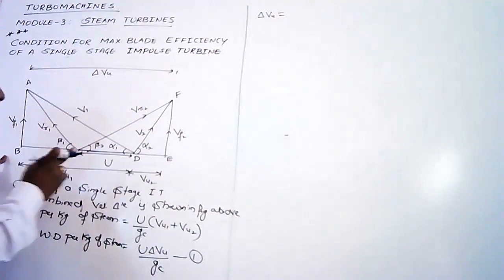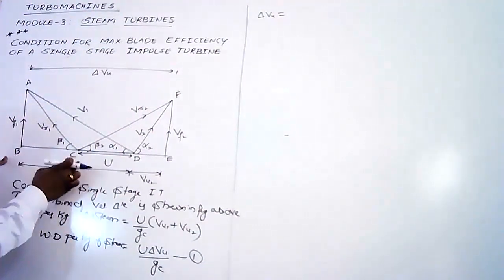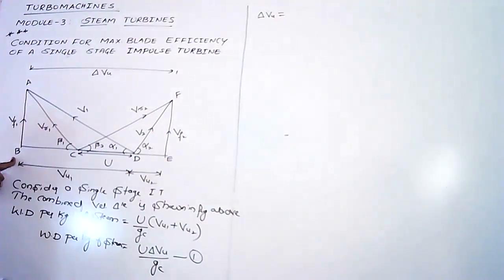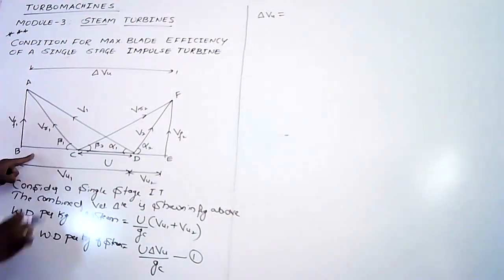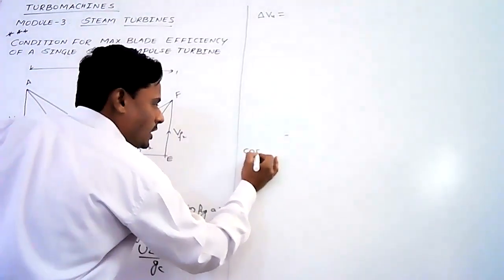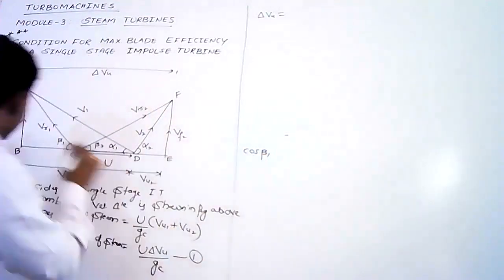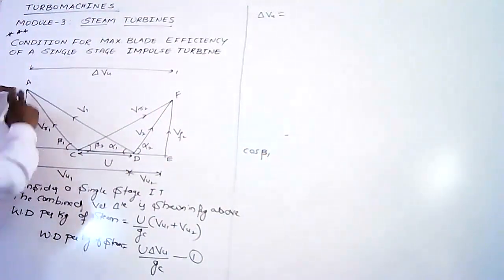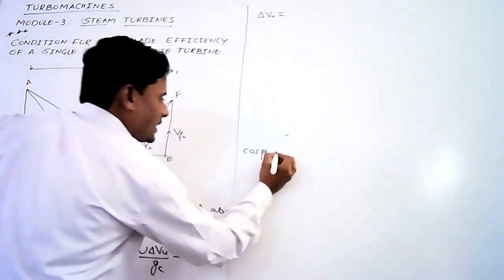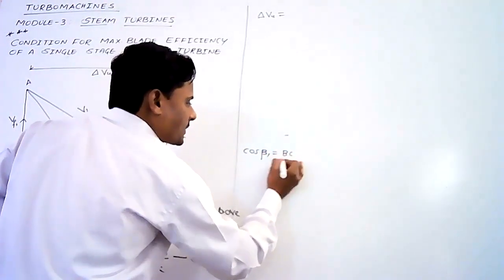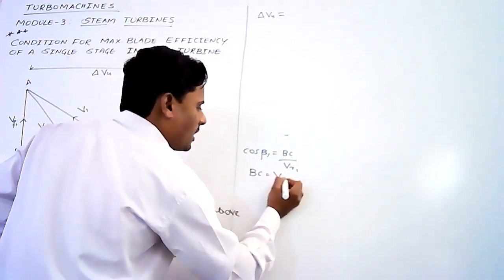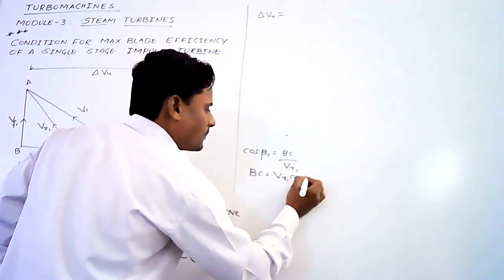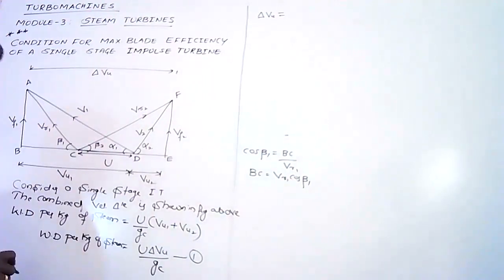Okay. Now the delta Vu is the total distance, that is V to E. Now the delta Vu can also be written as BC plus CE. Now here BC can be written as VR1 cos beta 1. See here, from the triangle ABC, cos beta 1 is base BC divided by hypotenuse VR1, or BC equals VR1 cos beta 1.